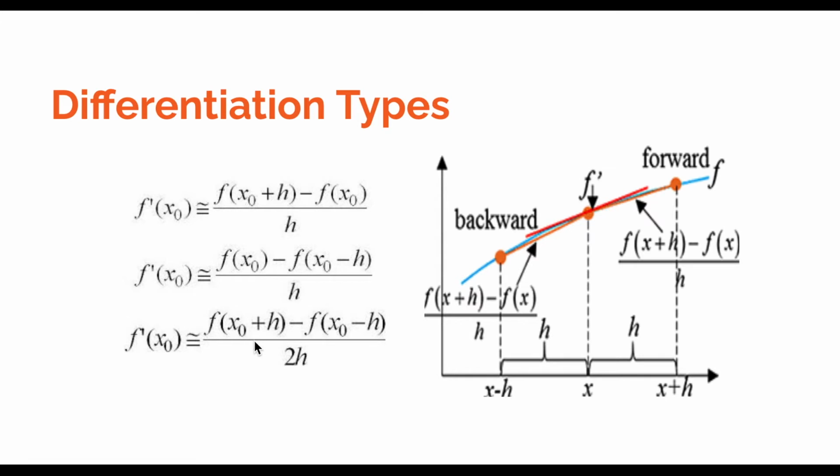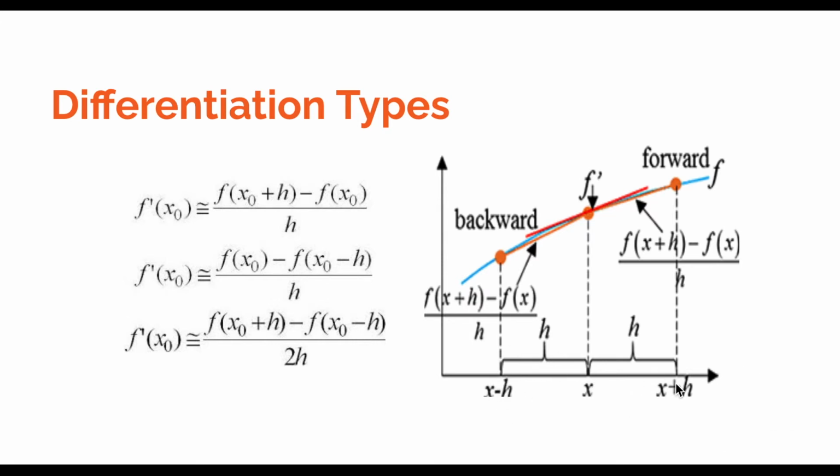There is another formula called the central difference. That is, when we do these derivatives by using both the forward point and the backward point. We won't be working with the original x. We will instead be working with one step ahead of it and one step back of it.